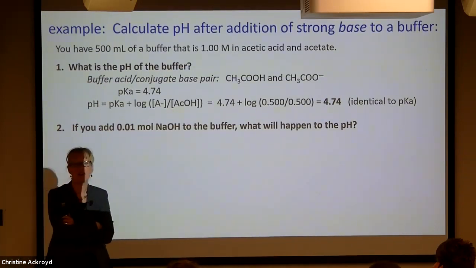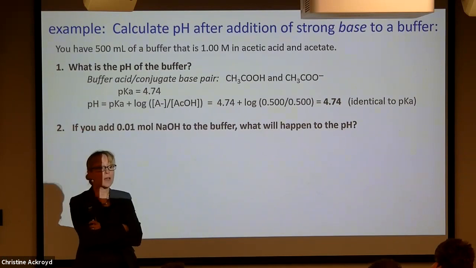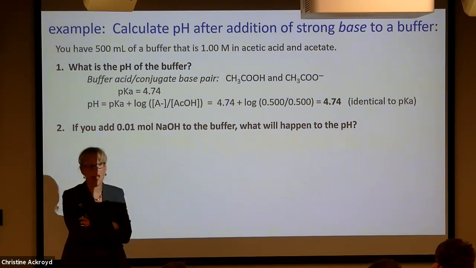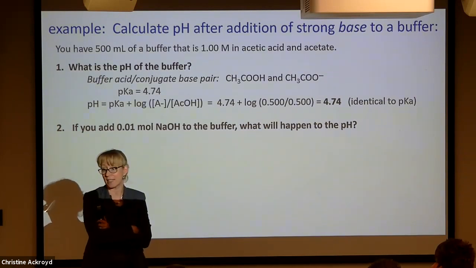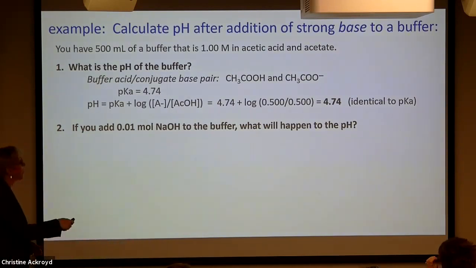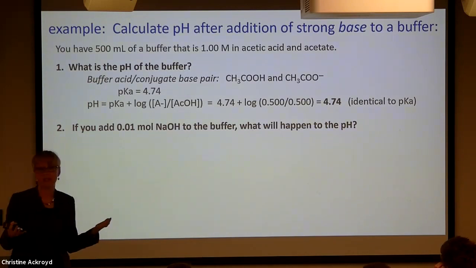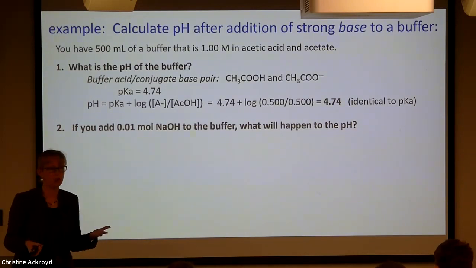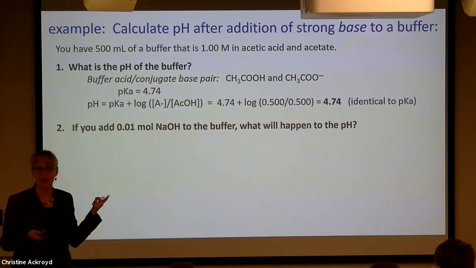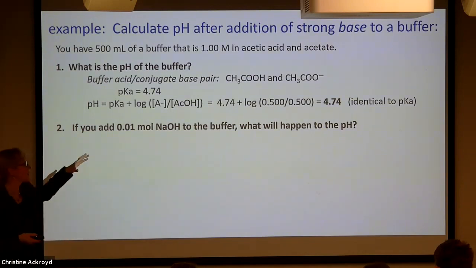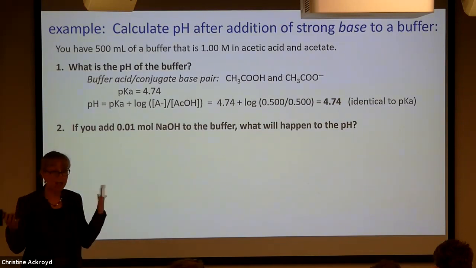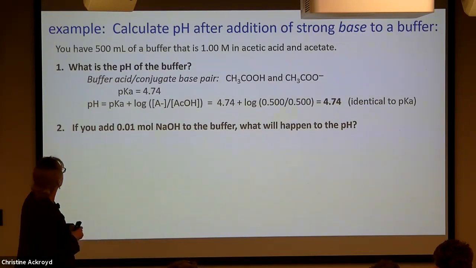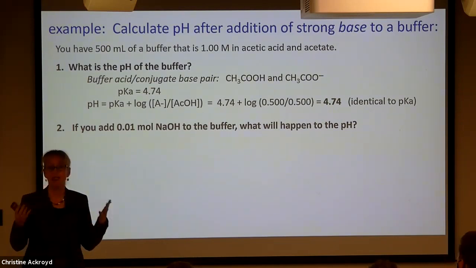If I have half a liter of a 1 mole per liter solution, I have half a mole of each of the weak acid and conjugate base. So in the math here, I've just put in the moles instead of the concentration, which works fine. The reason I did that is because when we do our BCA table, to calculate what happens to the pH of the buffer when we add base to it, we need the number of moles.